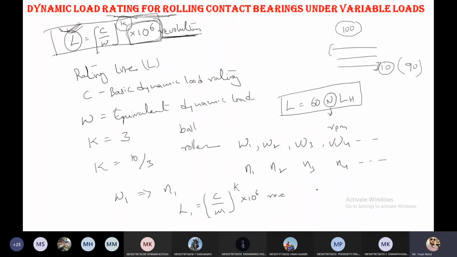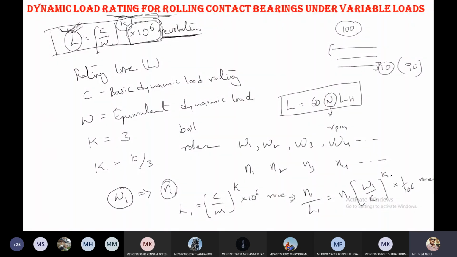Now this is the first one. The fraction of life consumed for the W1 load, for n1 revolutions, is indicated as n1 by L1, equal to n1 into (W1 by C) to the power K, into 1 by 10 to the power of 6 revolutions.